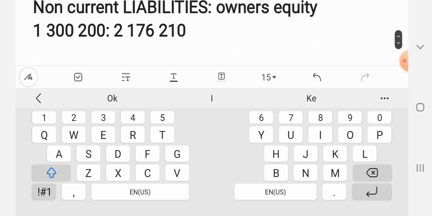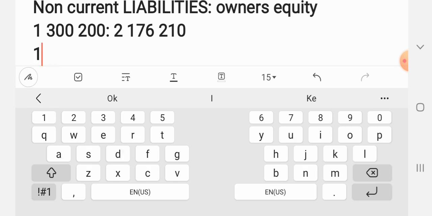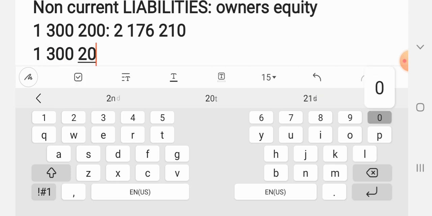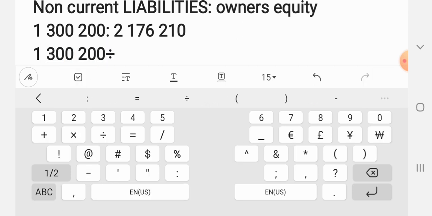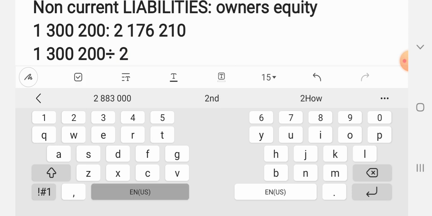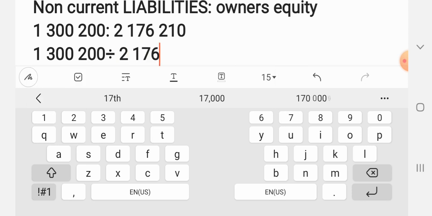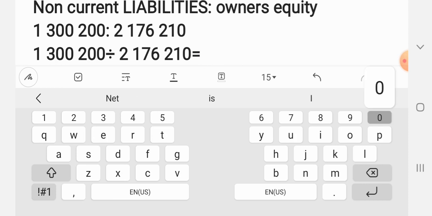And then you will take the 1.3 and divide the non-current liabilities by owner's equity, and that is going to give you 0.6.